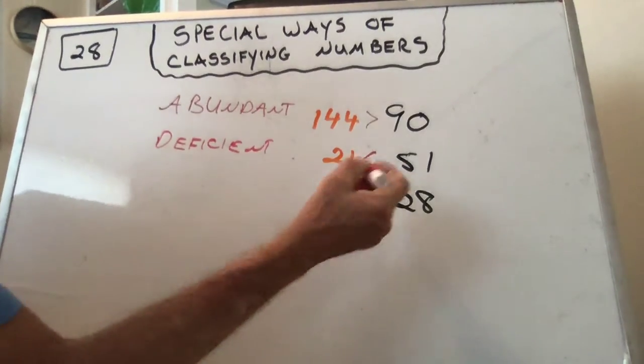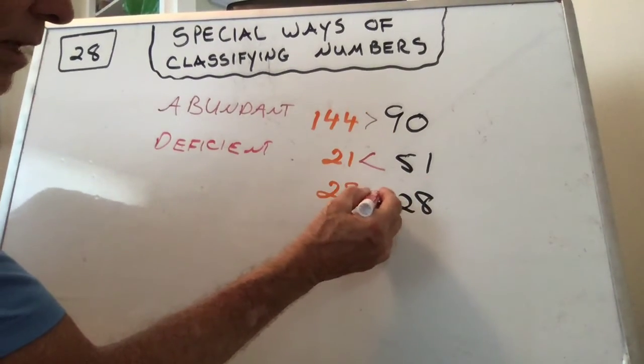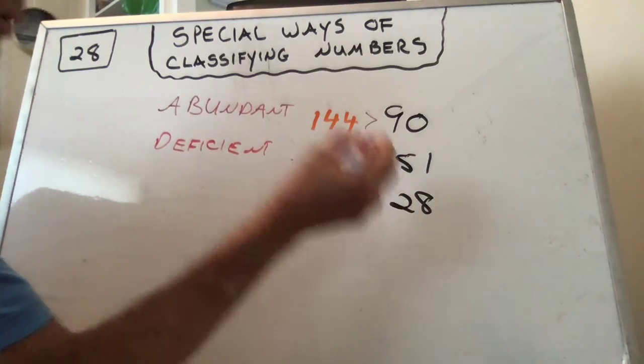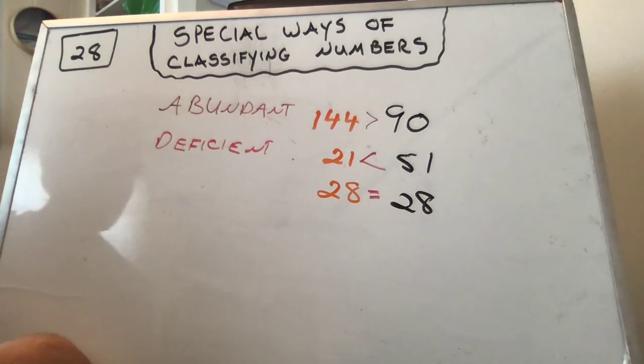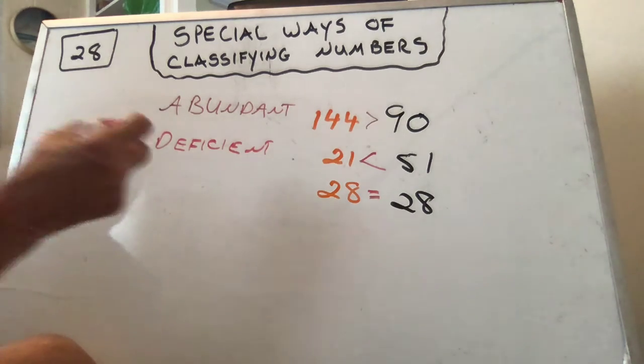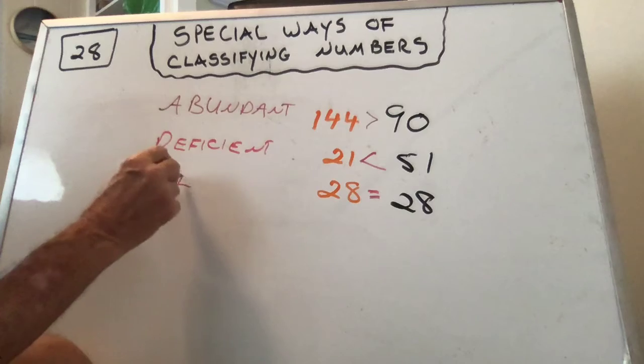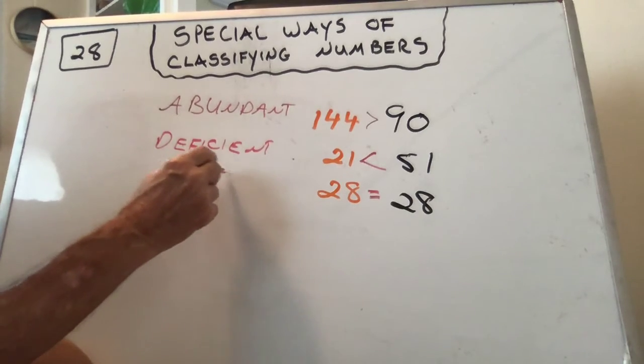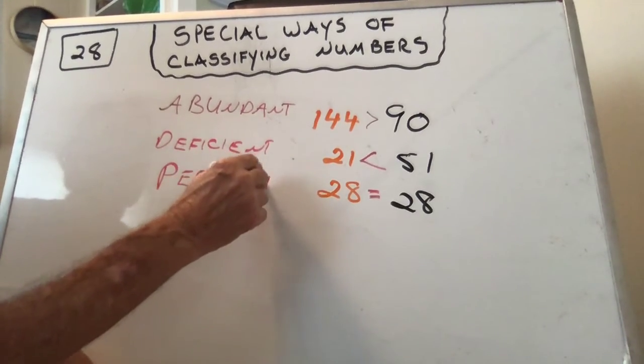If you have exactly the same, the sum of the factors is equal to your starting number, those are rare, then you have what we call, proudly, a perfect number.